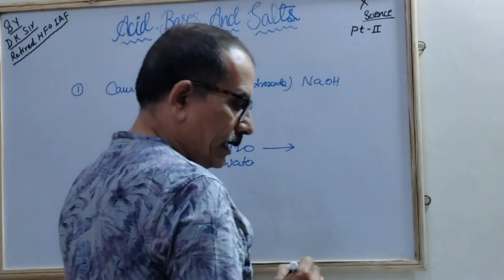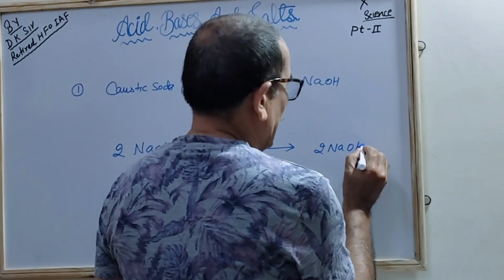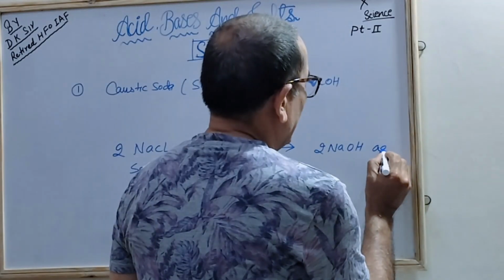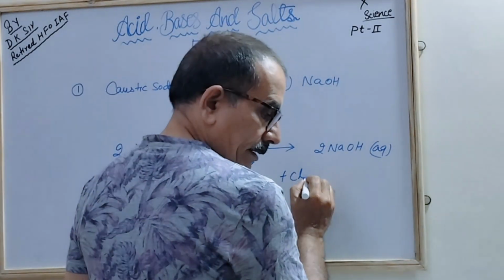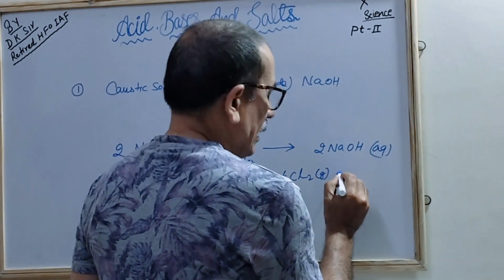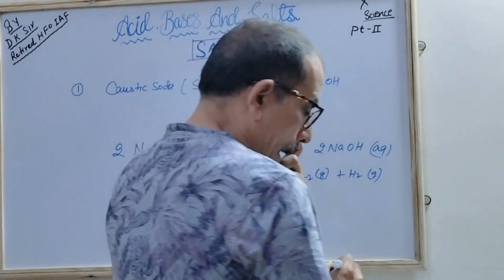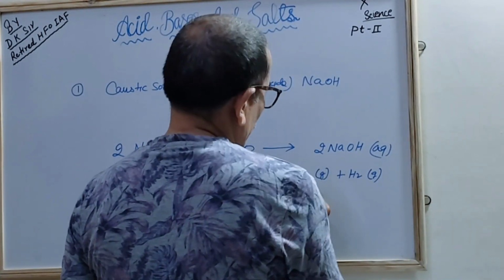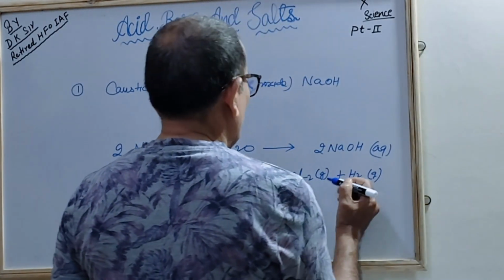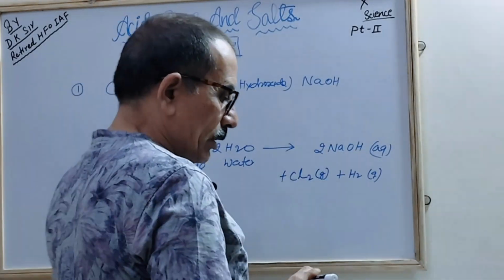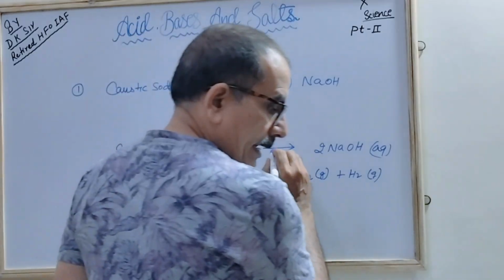It is going to convert into 2 NaOH, aqueous, plus Cl2, which is a gas, plus H2, which is also a gas. Cl minus is at the anode, hydrogen at the cathode. So when the electric current passes through the aqueous solution, you are passing the electric current.